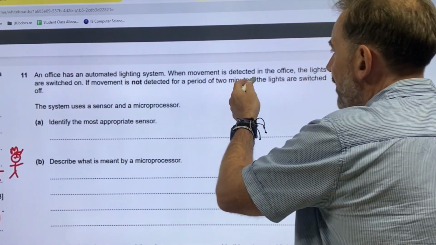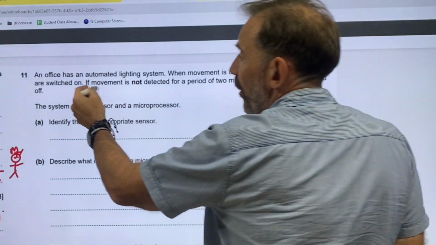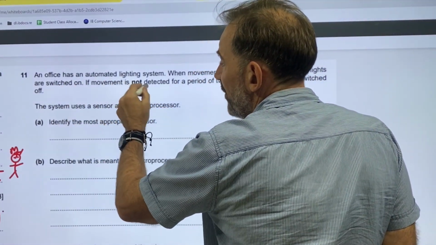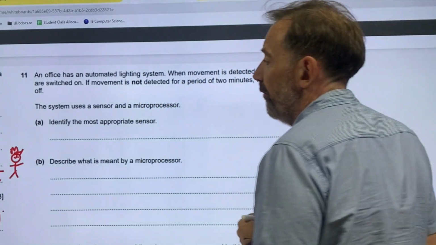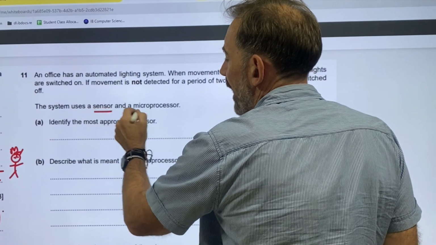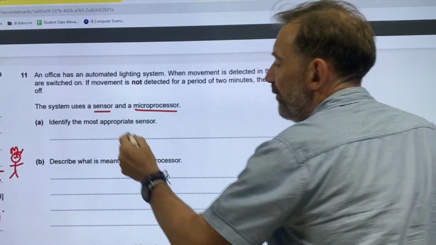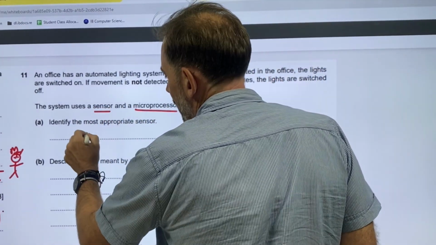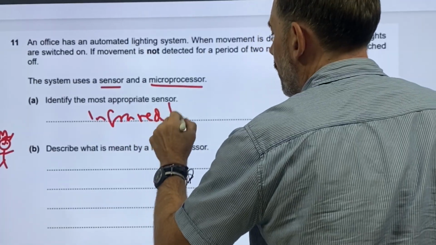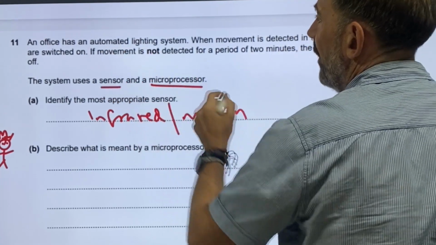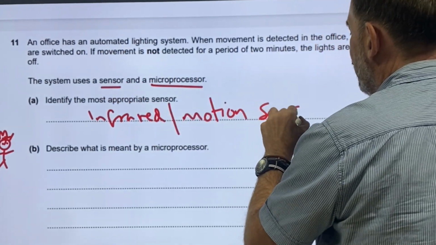When movement is detected in the office, the lights are switched on. If movement is not detected for a period of 2 minutes, the lights are switched off. The system uses a sensor and a microprocessor. Identify the most appropriate sensor. An infrared, I'm going to put motion. Based on this, a motion sensor.